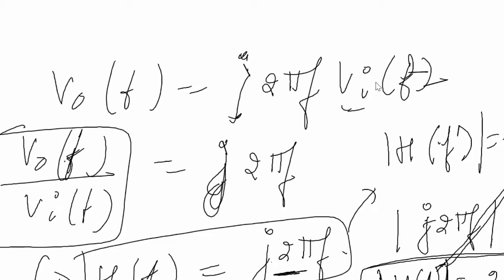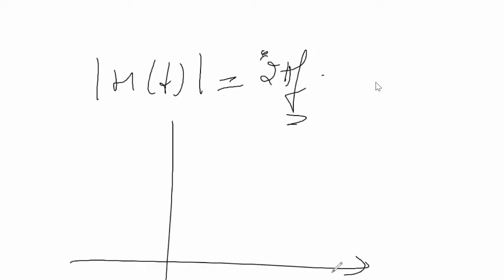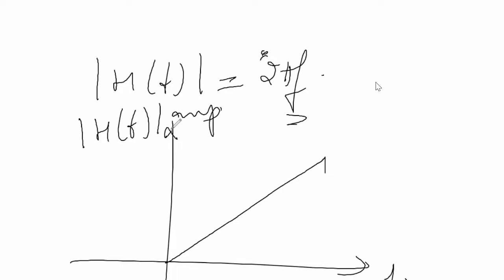So what is the use of this? The magnitude of the transfer function becomes linearly proportional to the frequency. In a graph with the magnitude of the transfer function, which is amplitude, on the y-axis and f on the x-axis, frequency and amplitude have a linear relationship.